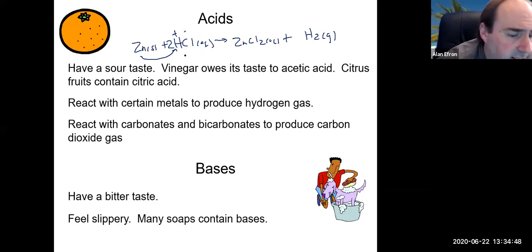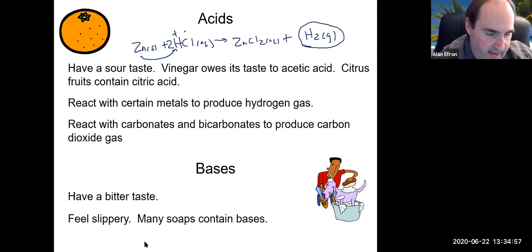This is a single replacement reaction, the generation of hydrogen gas. Pretty much when you kick out hydrogen from an acid in a single replacement reaction, you typically will produce hydrogen gas. And if you've seen it, it's like bubbles as you do this type of reaction.